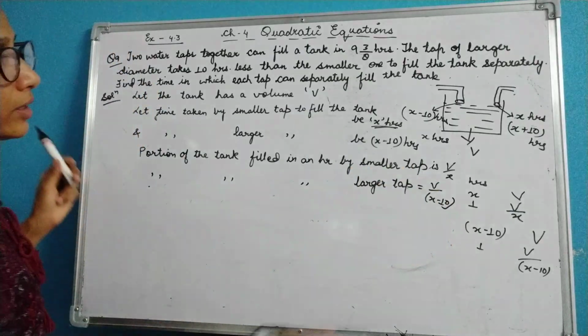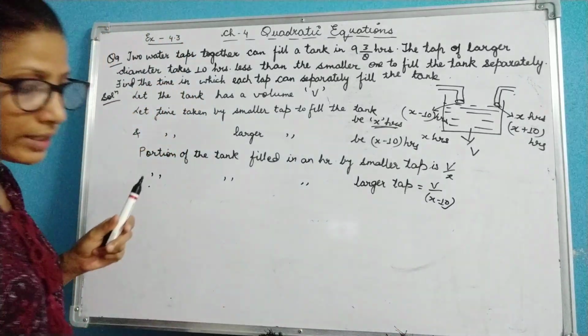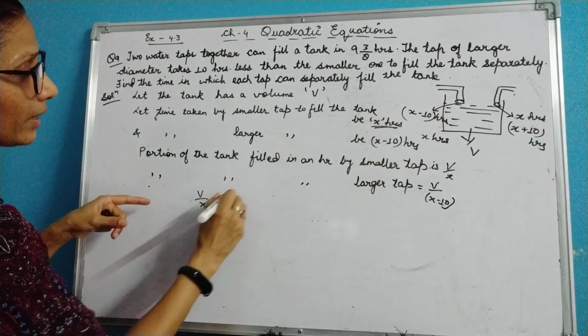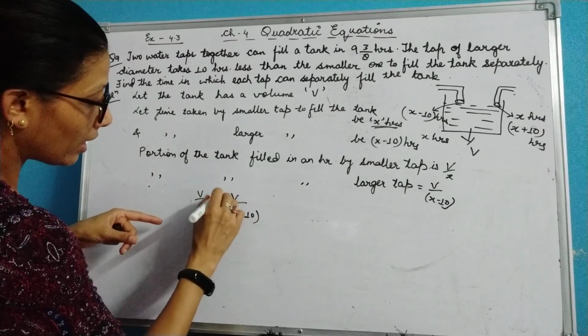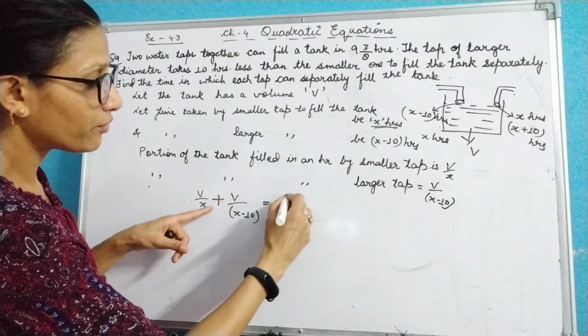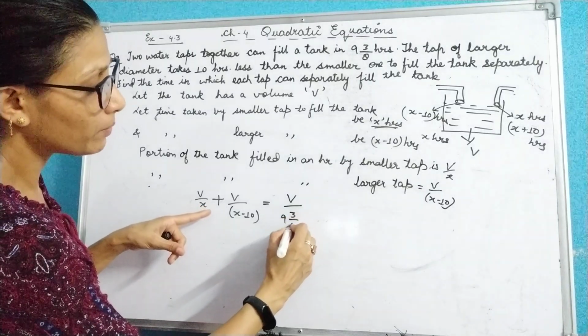Now children, in the question it is given if both the taps are put on, that means if V by X and V by X minus 10 are together opened, then they fill the volume in 9 complete 3 by 8 hours.